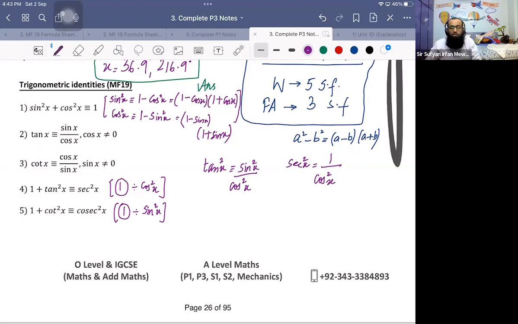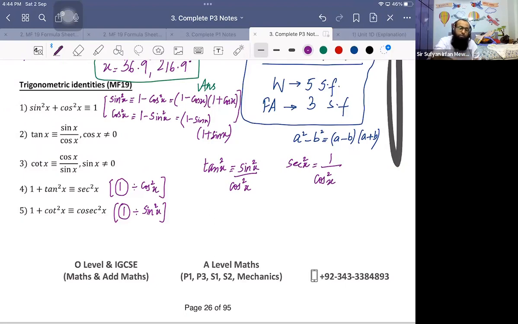But why has the examiner written the word Pythagoras? Because identity 1 has been derived using Pythagoras, and on the basis of identity 1, we have derived the fourth and the fifth one. This means all three are derived using Pythagoras. So the use of Pythagoras would mean use of any one of these three identities, 1, 4, and 5.